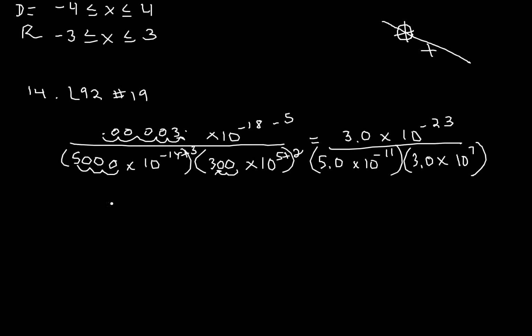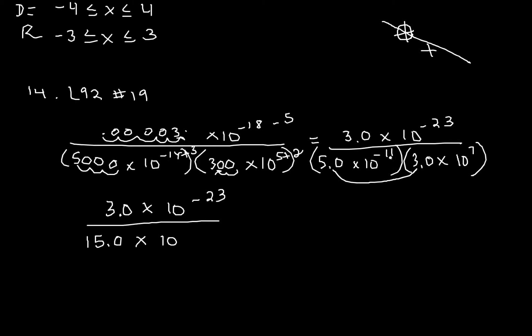All right, now we're going to leave the numerator the same, just for ease. In the denominator, we're going to multiply your 5 times your 3, and we're going to get 15 times 10. You add your exponents because the bases are the same, so you get negative 3. And then, now we're going to divide these.